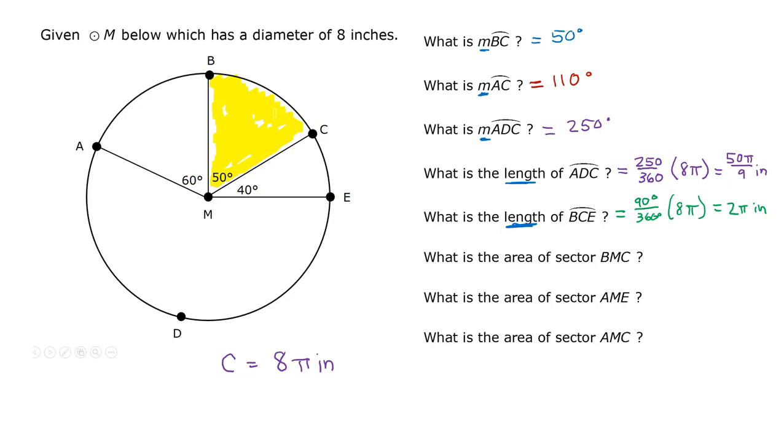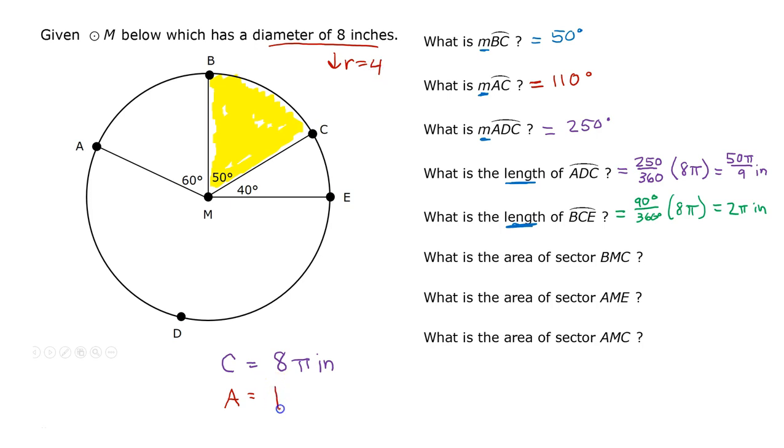Now, when I do a sector calculation, it's going to be a proportion of the area. So I'm going to come up here and say, well, the area of this circle, since the diameter is 8 inches, I know that the radius is going to be 4 inches.